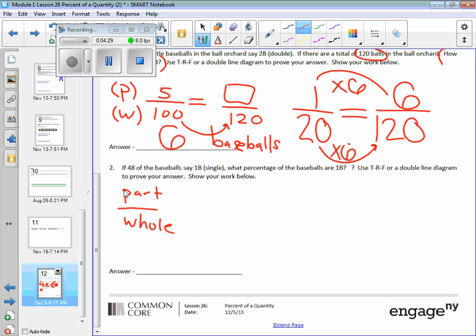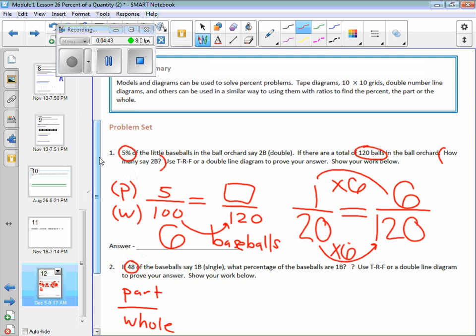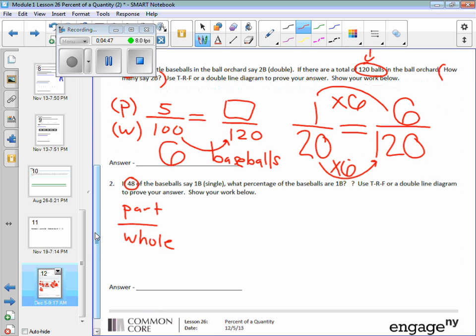which you can abbreviate as P over W as long as you know what the P and the W stand for. VIPs are going to be 48. And look, ready? The other VIP is back up here because we are still dealing with the 120 total baseballs in the ball orchard. And you're going to need that piece to put it into your ratio template.